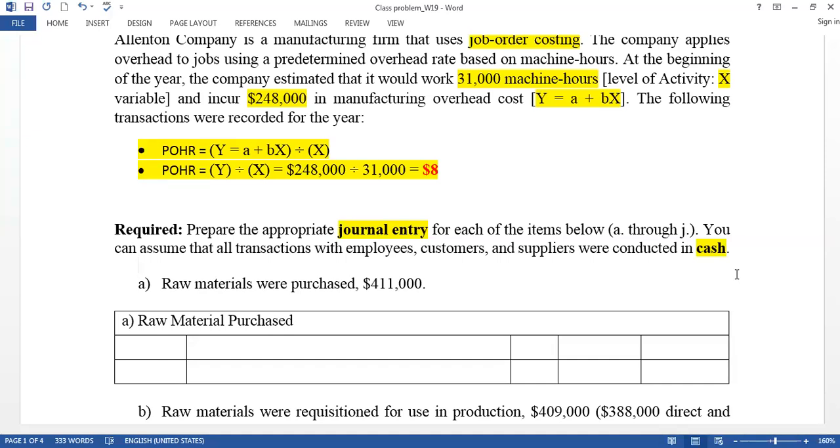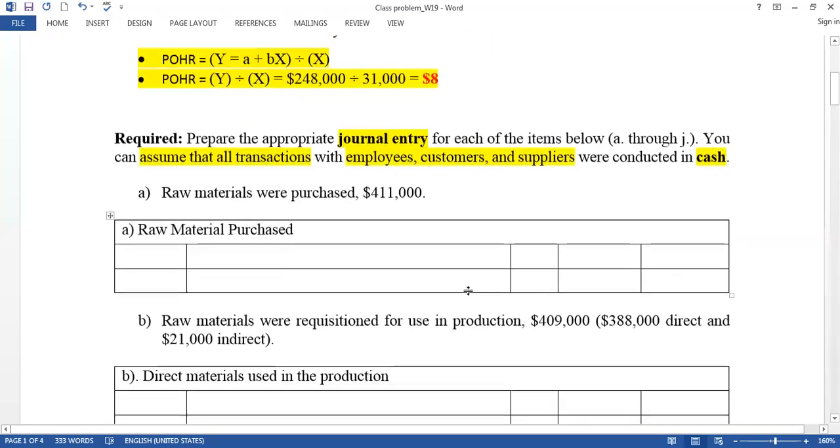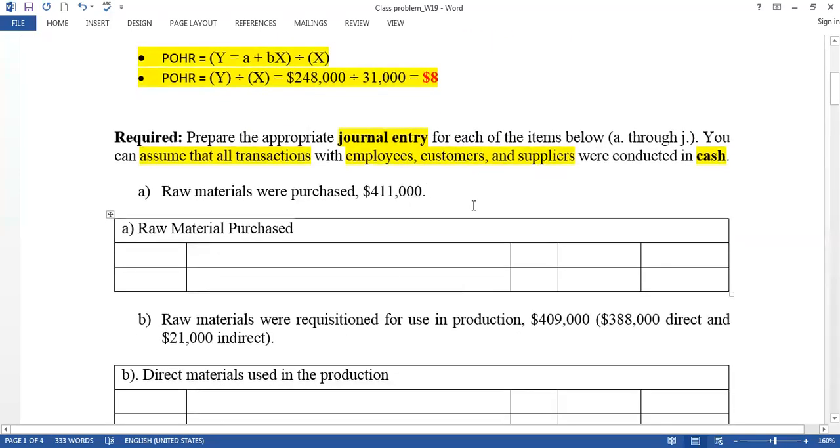So this question says that you are going to assume all transactions are conducted in cash. Clear? Now, let me solve this question.